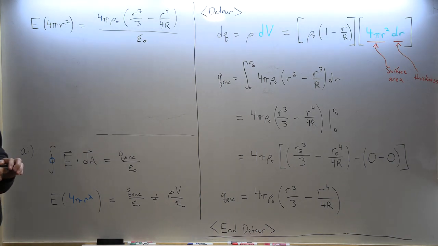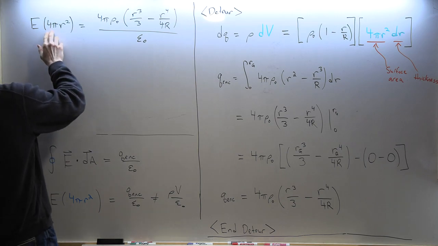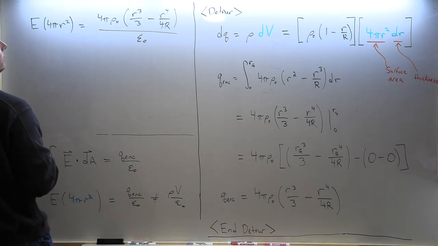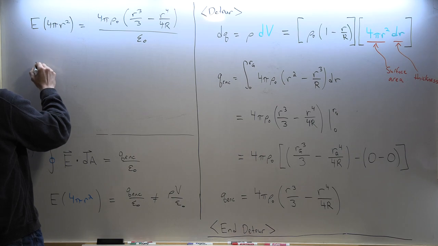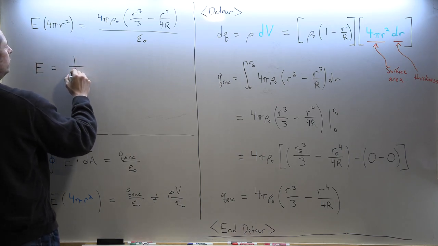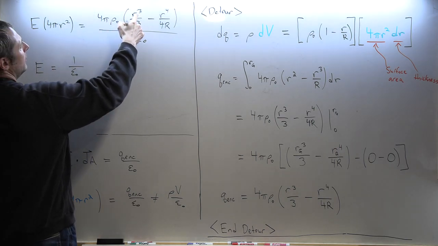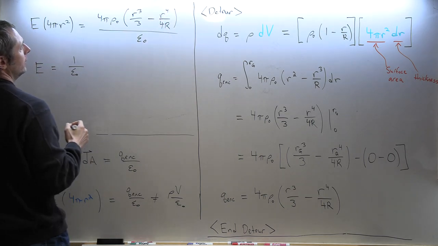Okay, so now all I have to do is a little solving for E. As you can see, the 4 and the pi cancel. So what we have is E equals 1 over epsilon 0. And then this r squared makes this r to the 1 and that r to the 2.